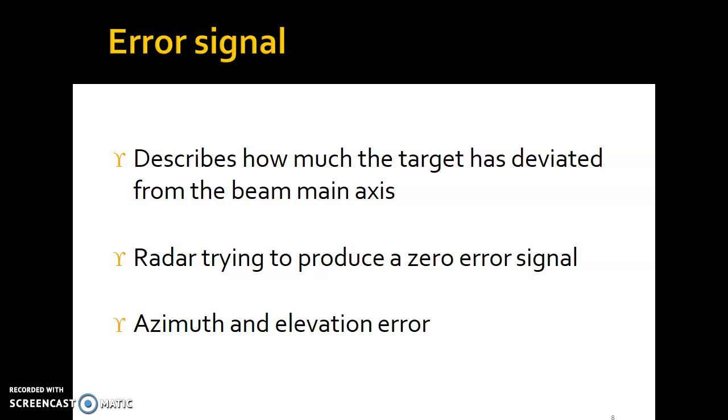Azimuth and elevation errors are removed when there is a deviation of the target from the horizontal plane or from the vertical plane. They can be removed by giving a tilt to the antenna in the horizontal or in the elevation, on the vertical planes, so that we can have a zero error probability.